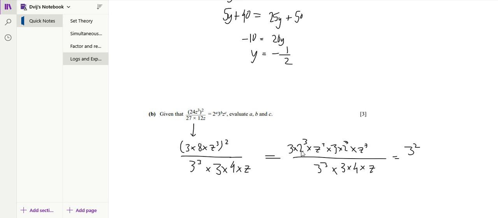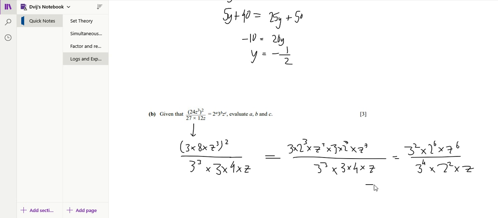So 2 cubed times 2 cubed is going to be equal to 2 to the 6th power, and z cubed times z cubed, same thing, z to the 6th power, and this whole thing is going to be divided by 3 cubed times 3, but 3 cubed times 3 is just going to be 3 to the 4, so we may as well rewrite that as 3 to the 4 now, multiplied by 4 is 2 squared, and z is just z.